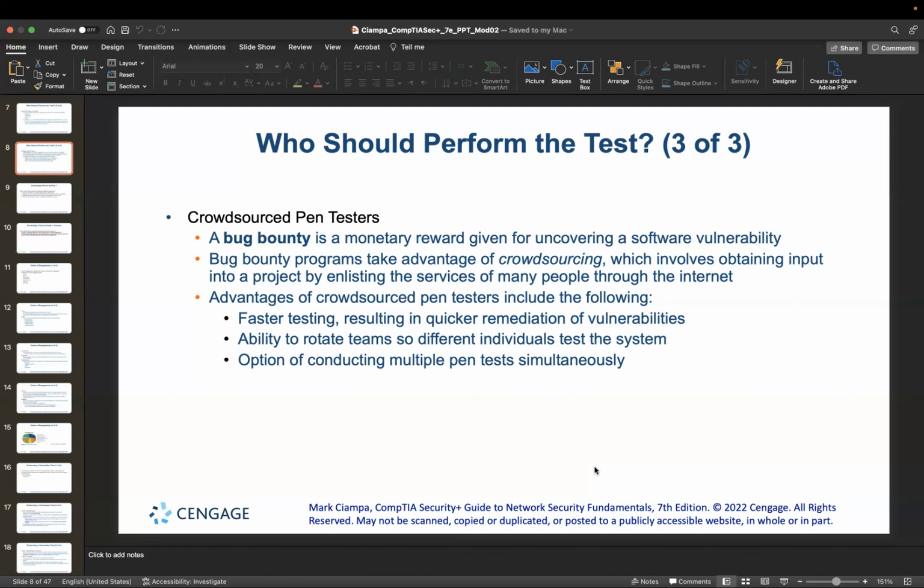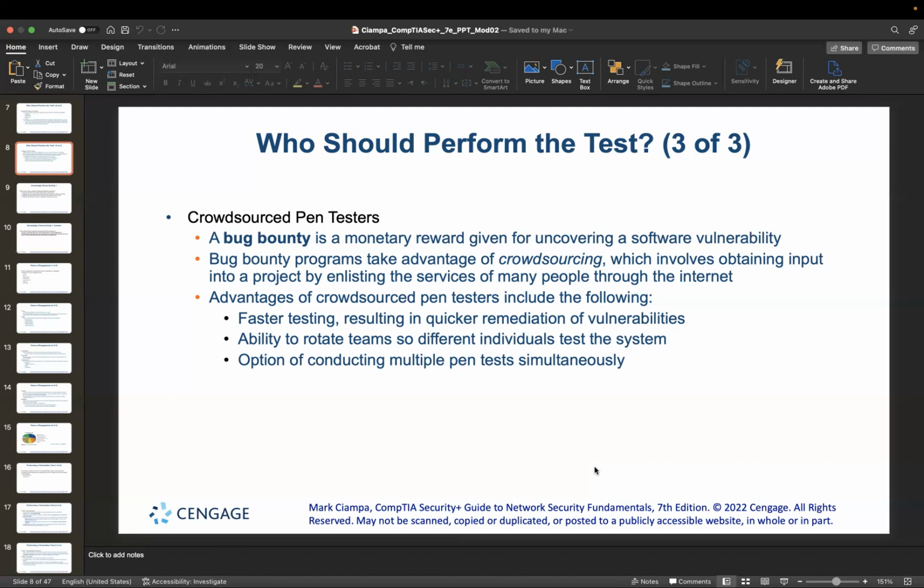Because of the denial of service that can happen when everybody in the world is trying to break into your company's network, they try to conduct this mostly on software or application vulnerabilities that everybody has on their computers, and therefore they're not going to bring your house down.